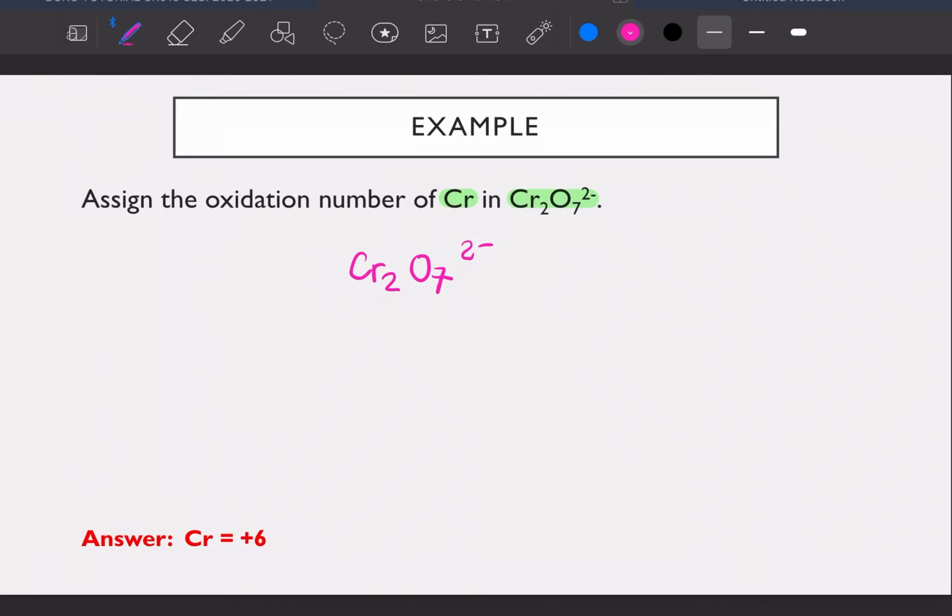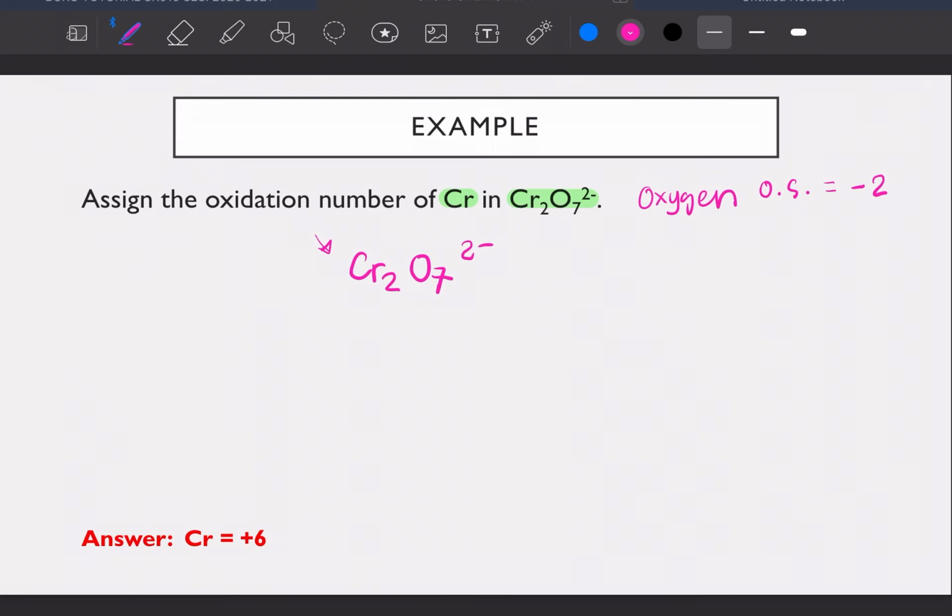Okay, so kita tak ada rule yang kata dia akan jadi positif atau dia akan ada -1 charge. So that means as a normal, your oxygen punya oxidation number atau oxidation state will be -2. Okay, this is the general rule lah now. Okay, so to find the oxidation state for chromium, we will write down this.